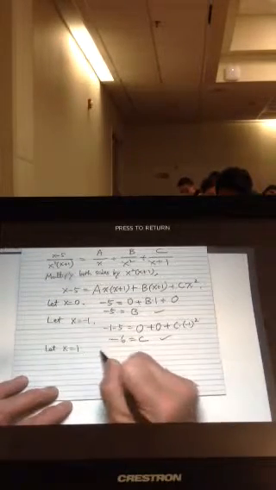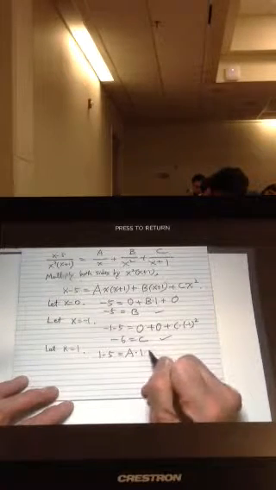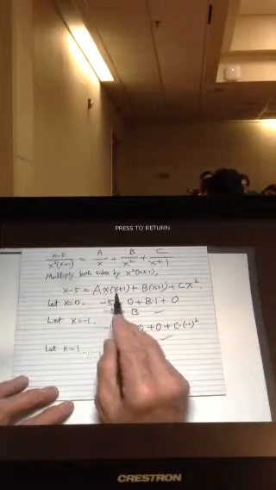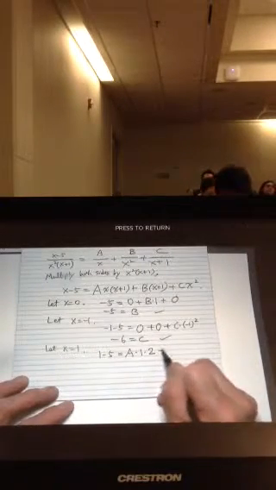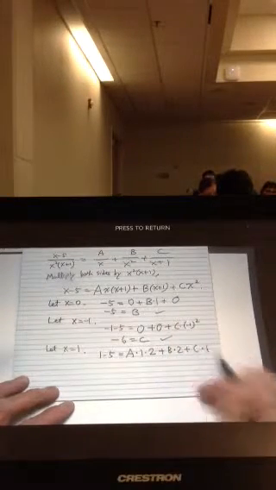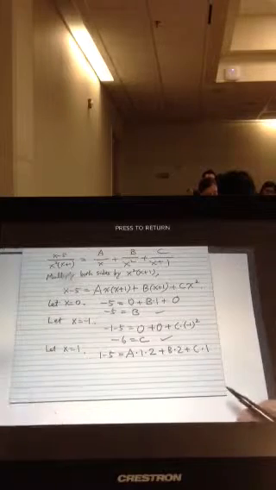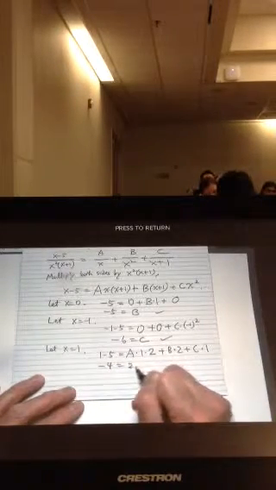So on the left-hand side, 1 minus 5. On the right-hand side, A times 1 times 2, right? A, x is 1, 1 plus 1 is 2. And B, 1 plus 1 is 2. C, 1 squared is 1. So it's minus 4 equals 2A.